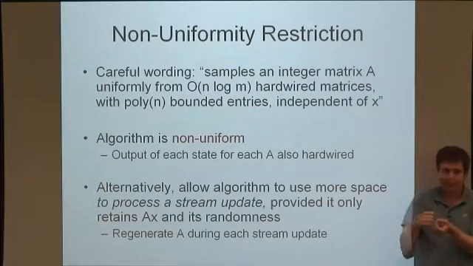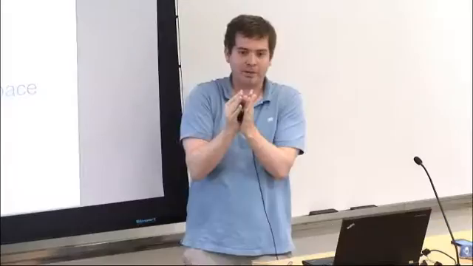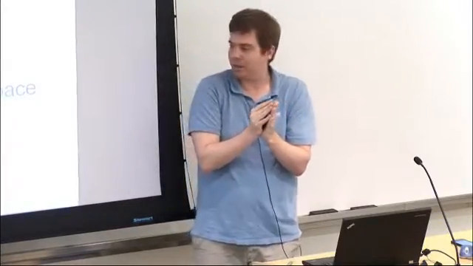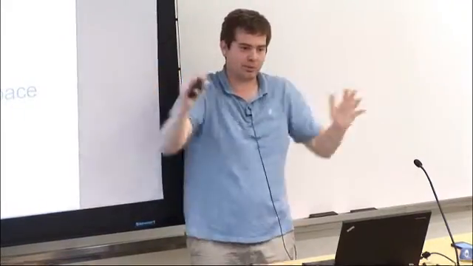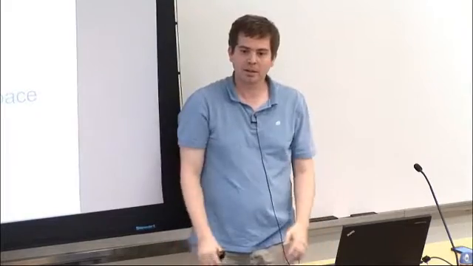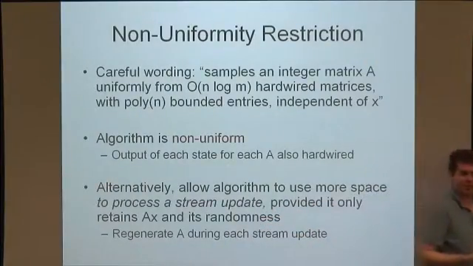If you're updating the ith coordinate, you can add the ith column of A to your sketch, A times X. And then you can throw away all that additional space that you used to generate these matrices A. So in between stream updates, all you do is maintain A times X and the randomness. But when processing a stream update, you can use a lot more space.